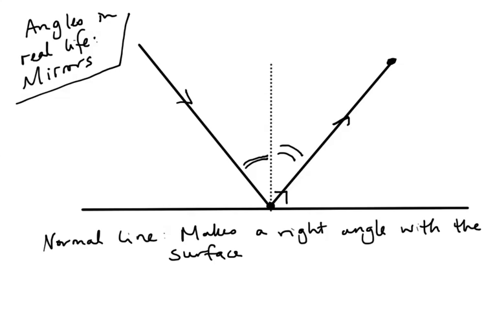Okay, so that also tells us actually that this angle between the incoming ray of light and the mirror should be equal to this angle here between the mirror and the outgoing ray of light.